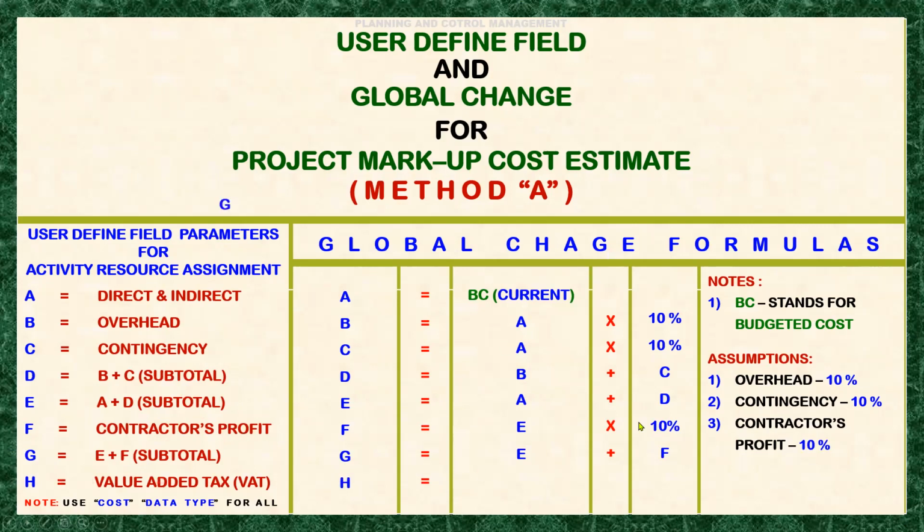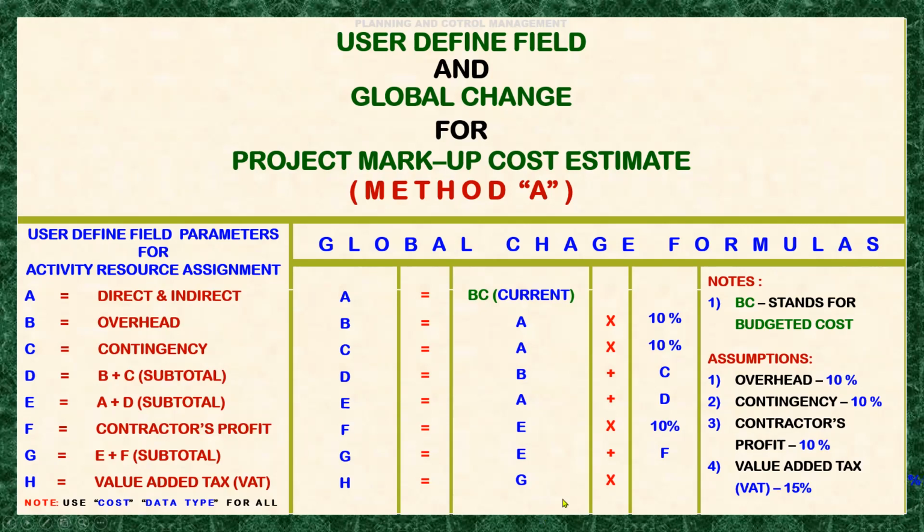Next is the value added tax, which is at 15%. We assume it as 15%. So we need to multiply it into the last subtotal of the project cost, I mean the last subtotal that is including the contractor's profit.